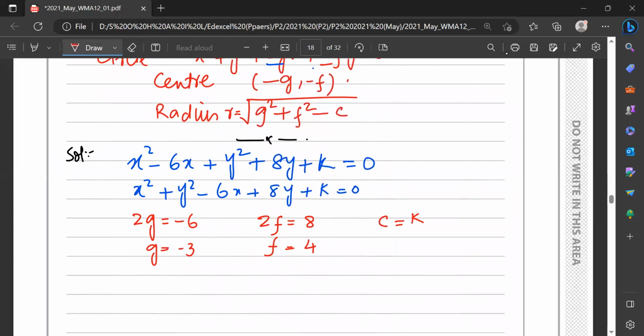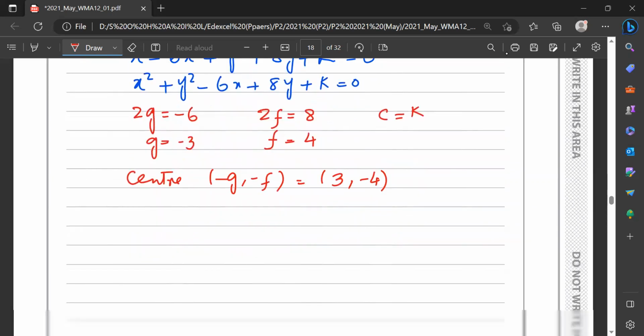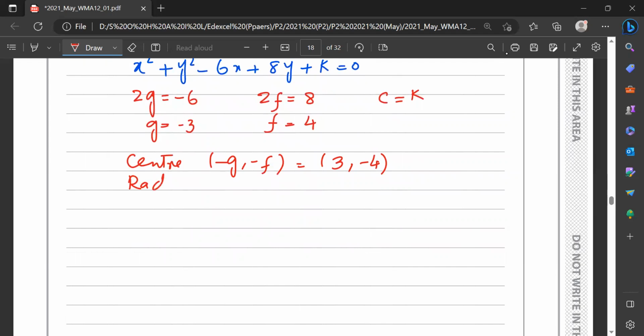The formula for the center is minus g, minus f. So I can write the center as 3 comma minus 4, if you use these values of f and g which we have calculated. And radius r is equal to the square root of g square plus f square minus c.